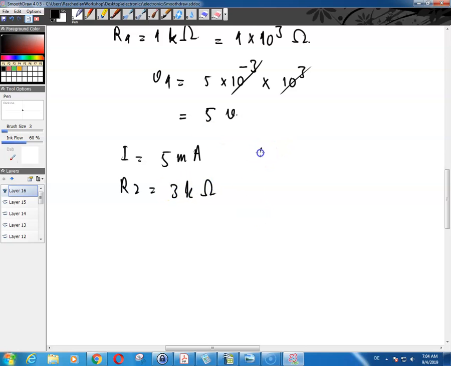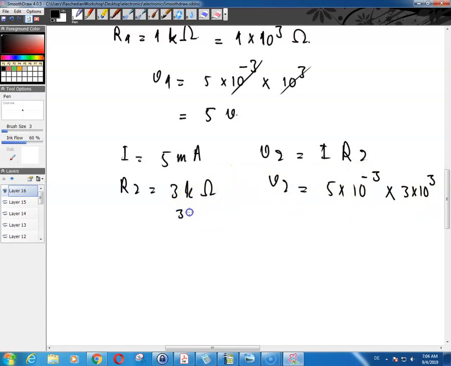So again, you can write V2 is equal to I times R2. And so V2 is equal to I, which is 5 milliamps, which is 5 into 10 raised to the power negative 3 amps, into R2, which is 3 kilo ohms, which is 3 into 10 raised to the power 3 ohms.